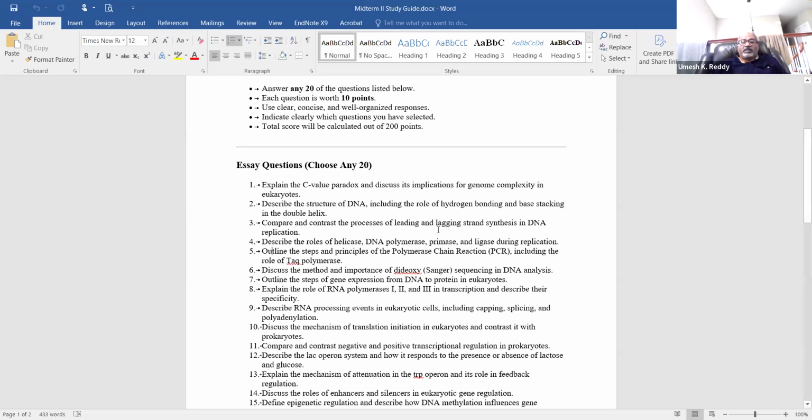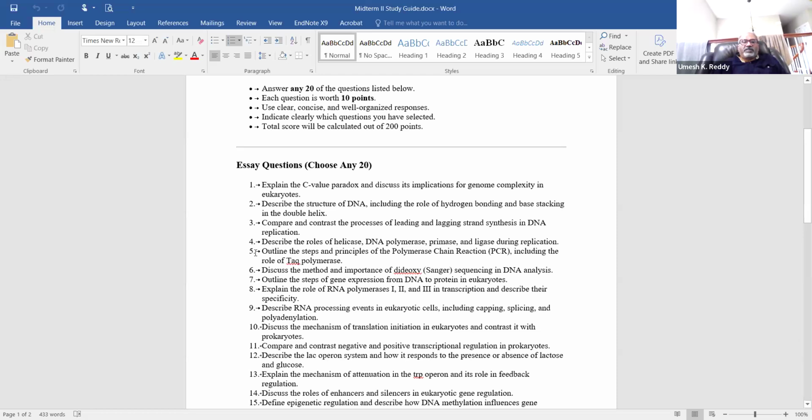Those fragments are called Okazaki fragments. They will be processed. And here you are going to explain various components, DNA polymerase 3 in the beginning, and the DNA polymerase 1 on the lagging strand to repair and patch up all the Okazaki fragments. Okay.